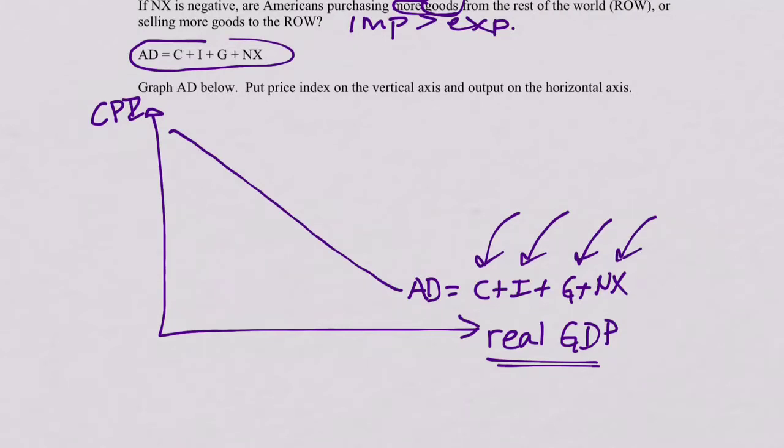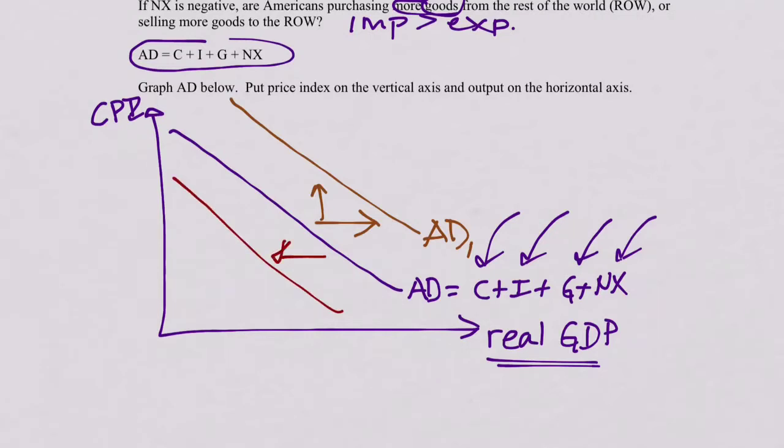So aggregate demand can also increase, like we always talked about. So here we have an increase in aggregate demand, or aggregate demand can decrease. There's a decrease in aggregate demand. And if our price levels are changing, what do we do?